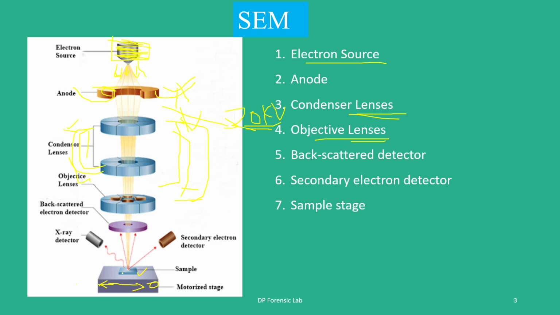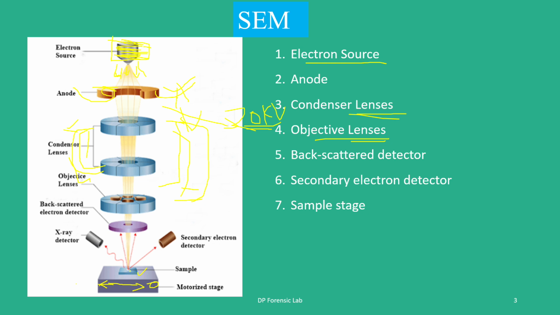So the sample should be in the spot of the beam. The beam should fall on the sample. This can be moved 360 degrees, even tilted. Any direction, 360 degrees, can be moved. This is a motorized stage, and here is a sample.